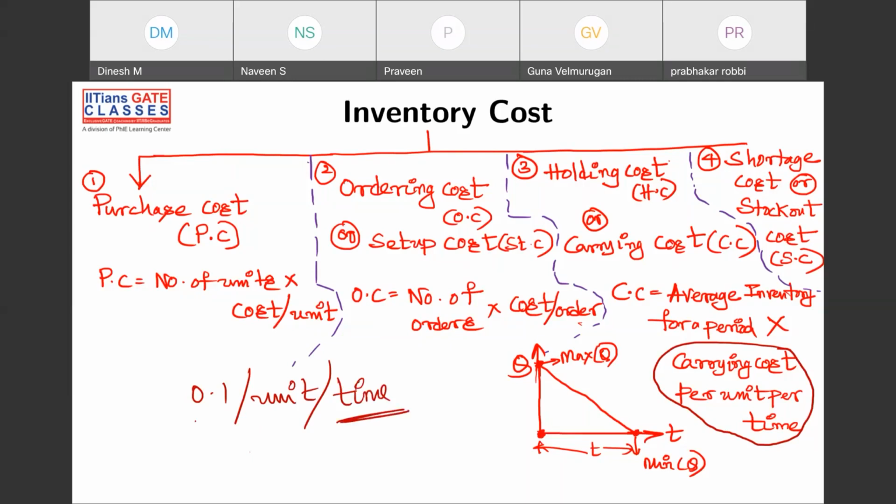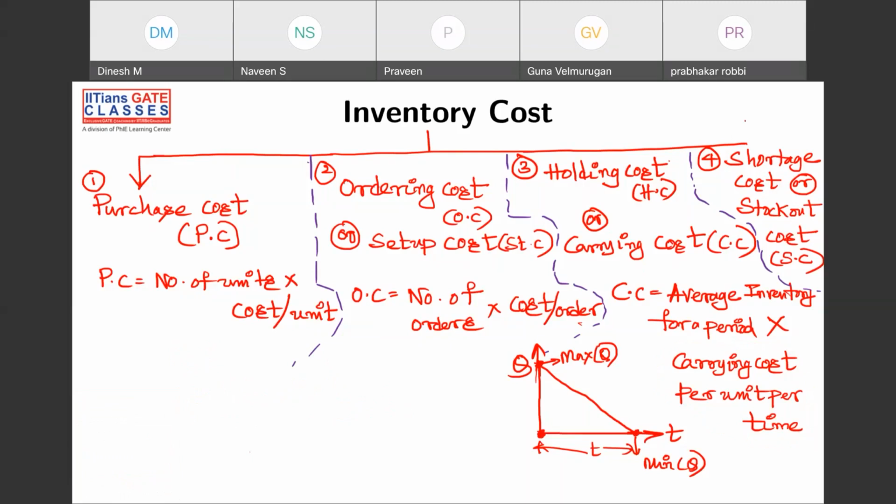This is very important. This is your carrying cost, per unit per time. Like that, there is another cost, shortage. Who will be in charge of holding the material? Obviously, that is what the industrial engineer has to take care of. He has to calculate all this: purchase cost, ordering cost, holding cost, shortage cost.